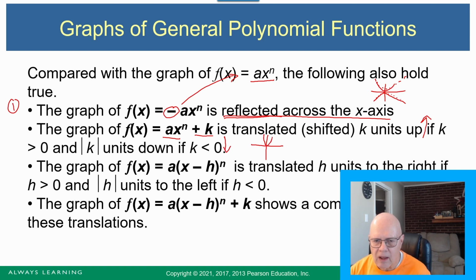Here's your basic one, and let's call this x squared. What does x squared plus 5 look like? Well, it's going to move it up, similar to this. So the k being positive moves it up.